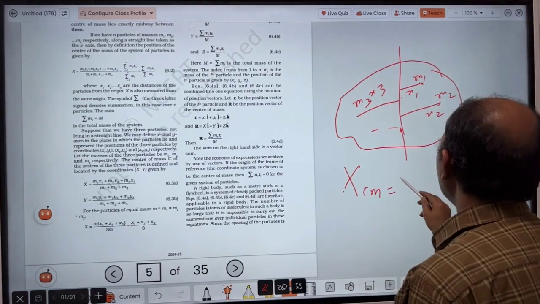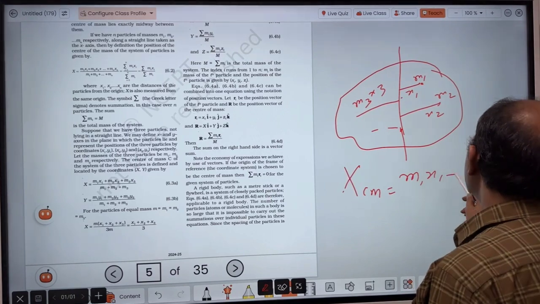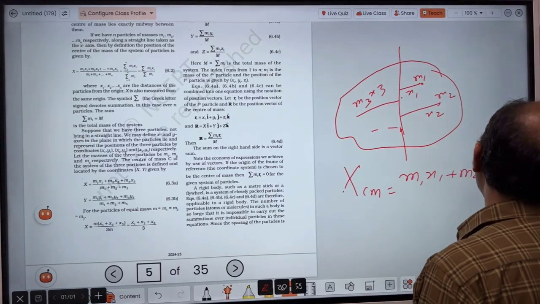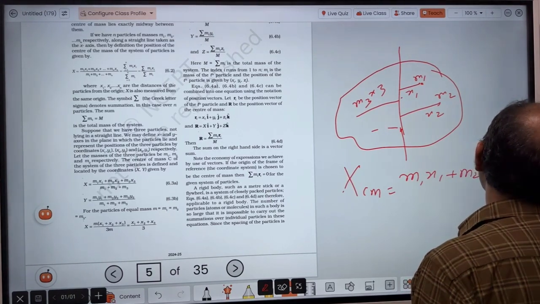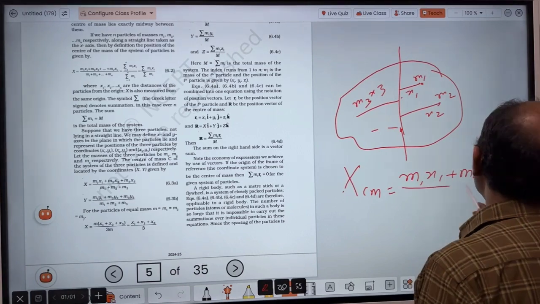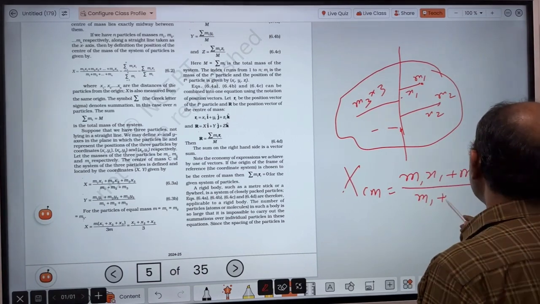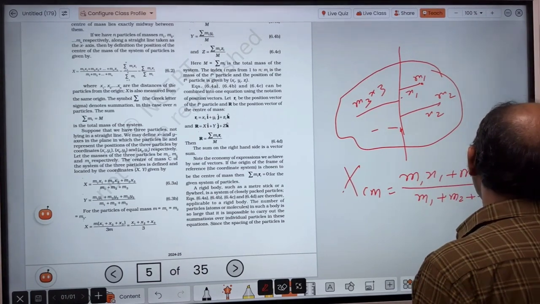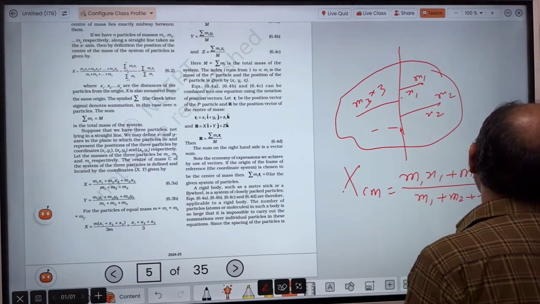When we find x_cm, we take m1 x1 plus m2 x2 plus dot dot dot plus mn xn, divided by the sum of all masses, m1 plus m2 plus dot dot dot plus mn.